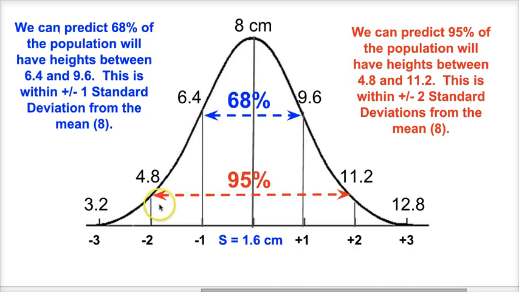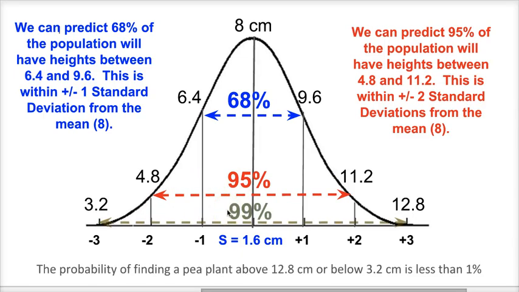And we can say 95% of all the heights in a population will be within 2 standard deviations, plus or minus 2. And we can say what? The probability of finding a plant above 12.8 or below 3.2, in the absolute crazy parts of our curve, our outer edges, is less than 1%.